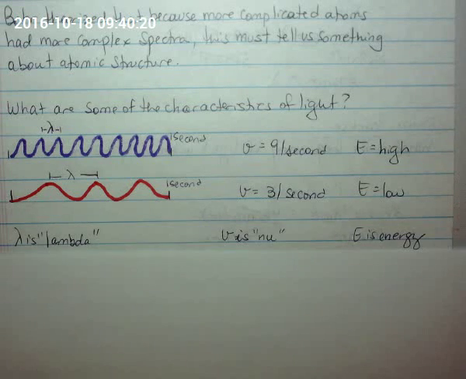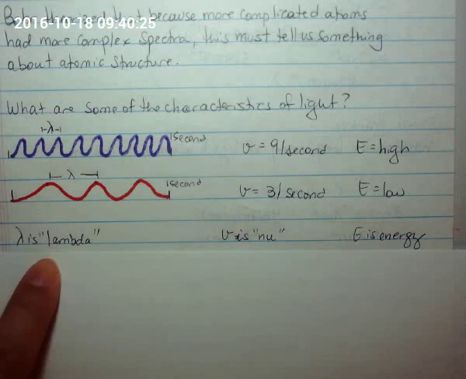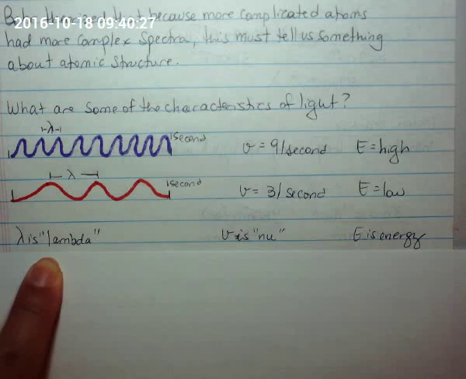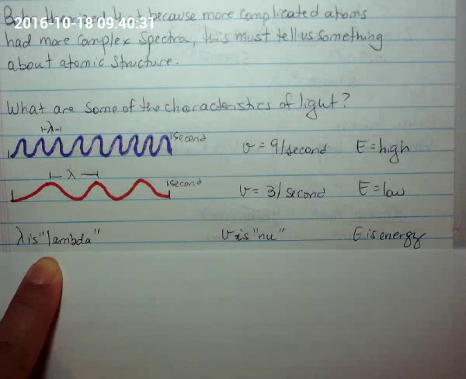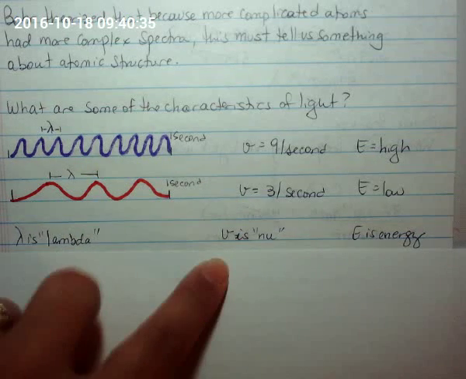All right, so that upside down Y right there, that's lambda. That cursive V is nu.